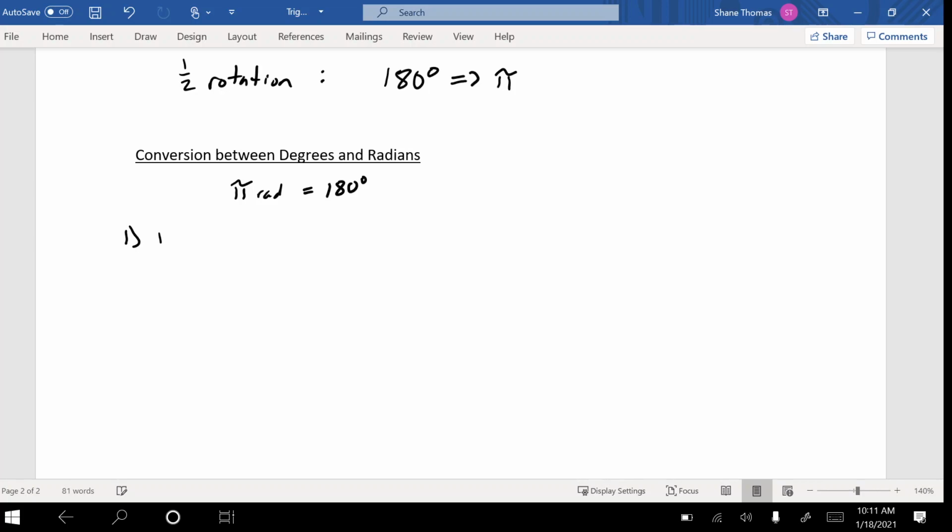If we want to go from degrees to radians, we have to multiply your degrees by pi radians over 180.